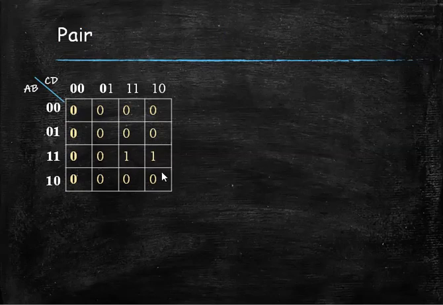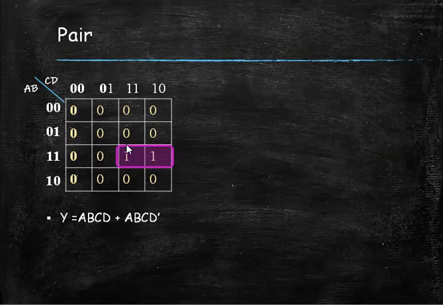Now we mark it as a pair. In the theory, we say that when we take a pair, one literal must be reduced. We can prove it. Y is expressed in SOP, not simplified.